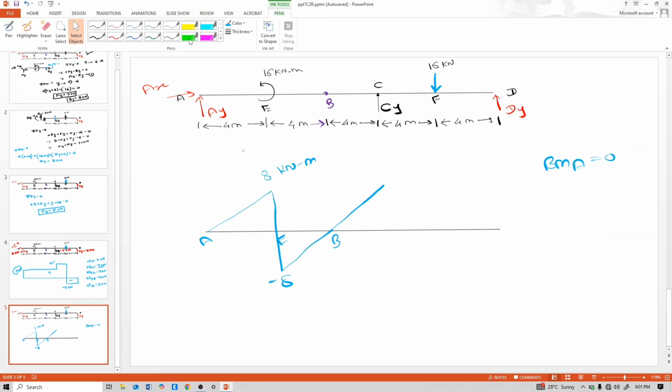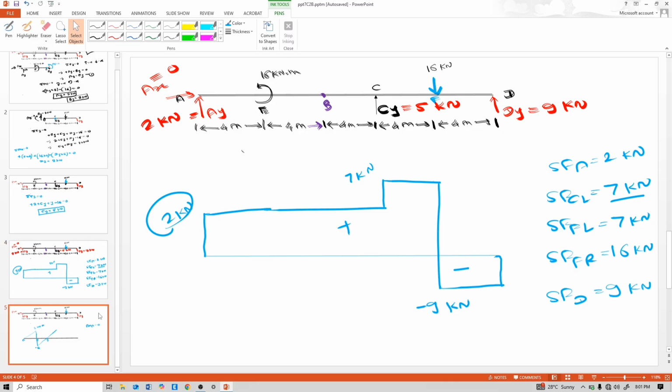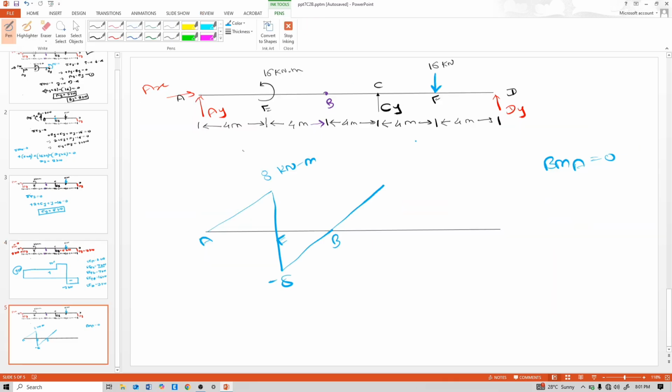So at point F, this is maximum, and again it is 0. So positive, negative, positive.